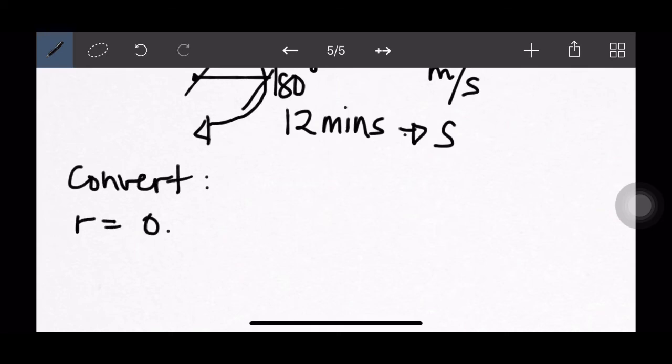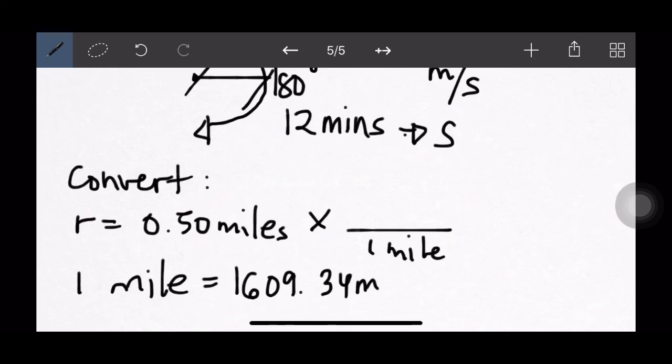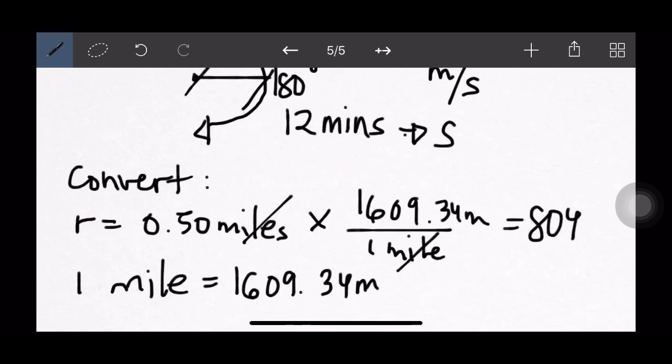You have 0.50 miles, and we know that 1 mile is equivalent to 1609.34 meters. To cancel out the miles, you have the value 804.67 meters. Okay, that's the estimated radius.